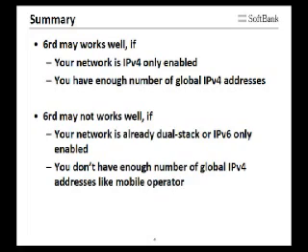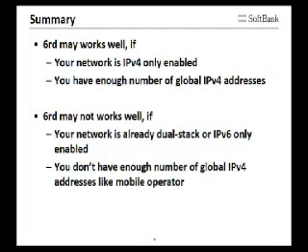So I think 6LD may work well if your network is an IPv4-only network, and also you have a enough number of global IPv4 addresses. And sorry, I made this slide at breakfast, so I forgot one important point. Also, you should control the software of each subscriber, the software of the CP router.